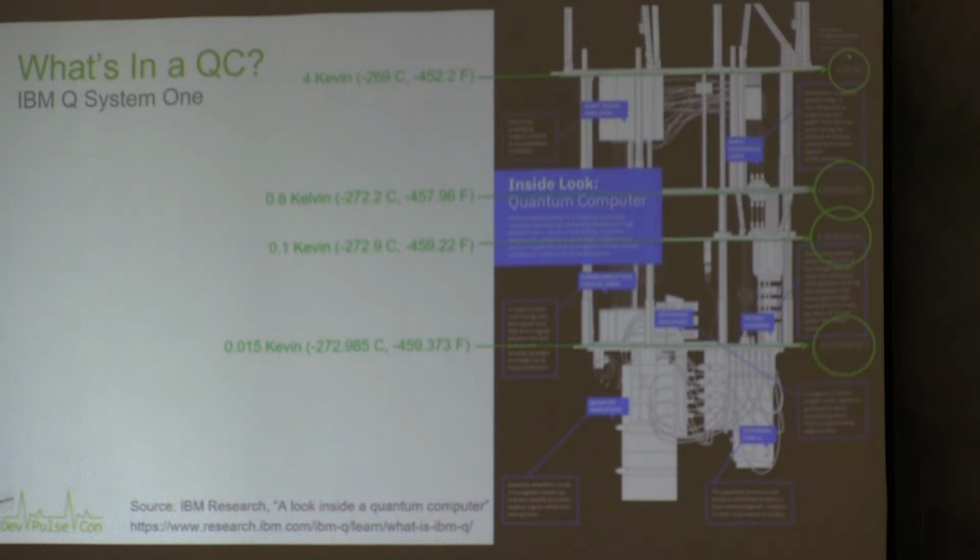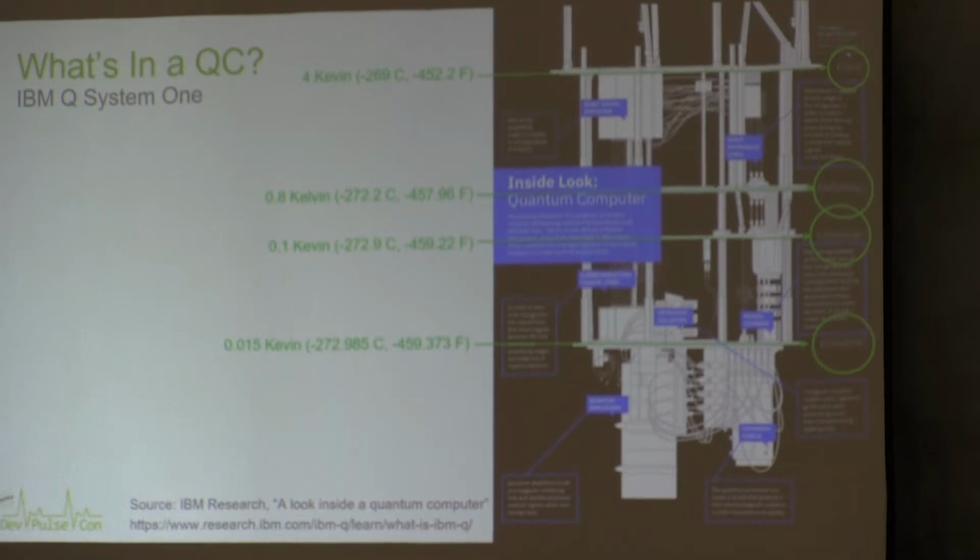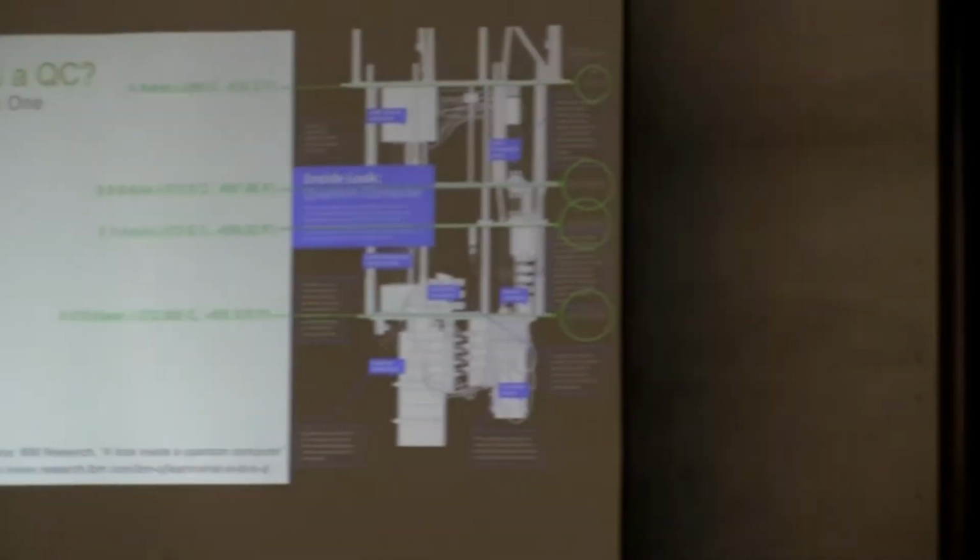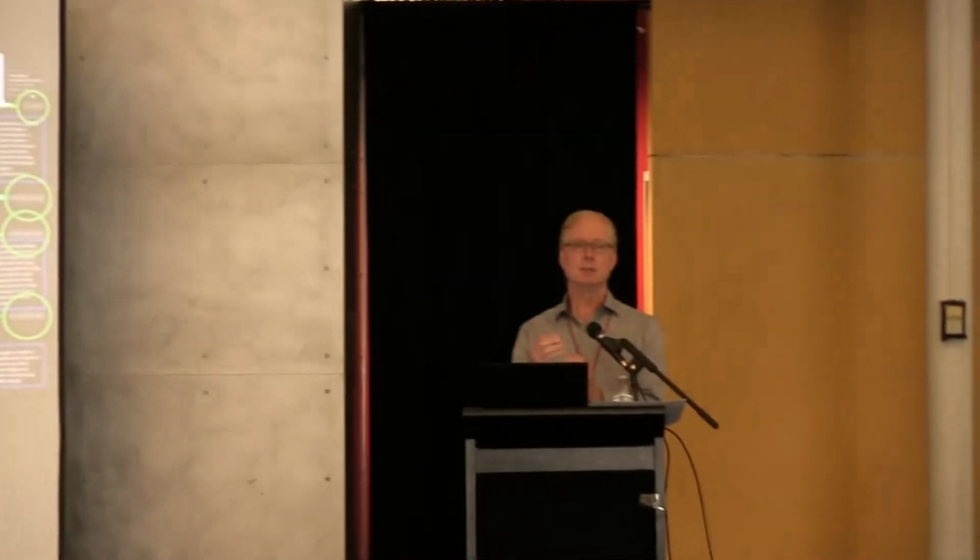By the way, why are they trying to cool it? Do you know? So I'll talk about this a little more, but quantum computers are using a quantum physical phenomenon in a controlled way, right? And the problem is that quantum physical phenomenon is affected by the surrounding environment in a big way.